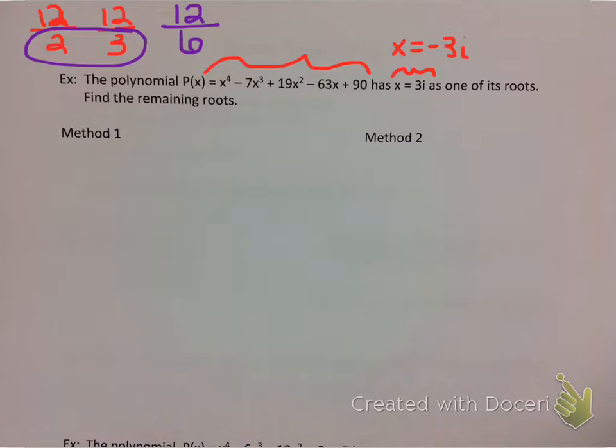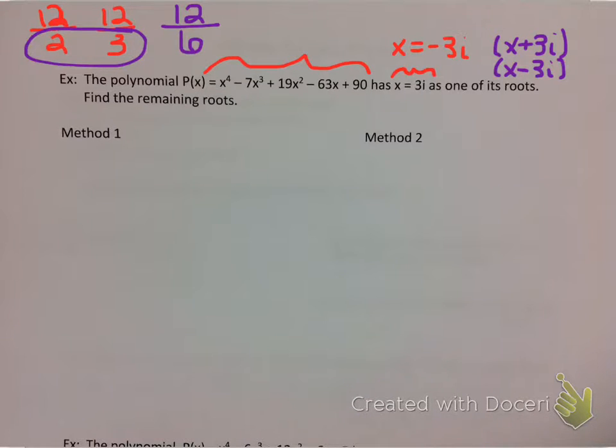So what we know is that if x equals negative 3i is a solution, then x plus 3i is a factor of our polynomial, and it would divide out perfectly. And if x equals positive 3i is a solution, then x minus 3i is also a factor, and it would also divide out perfectly.